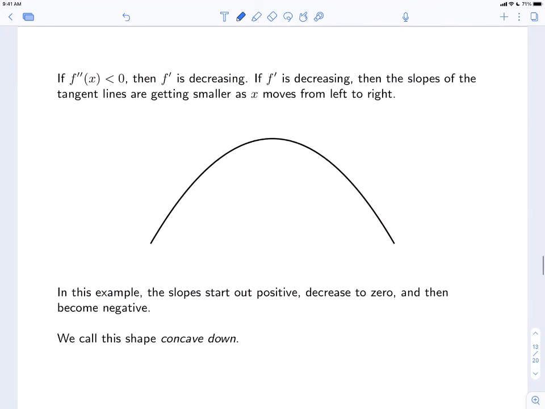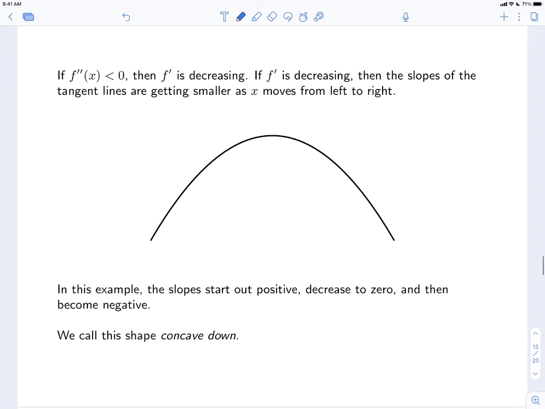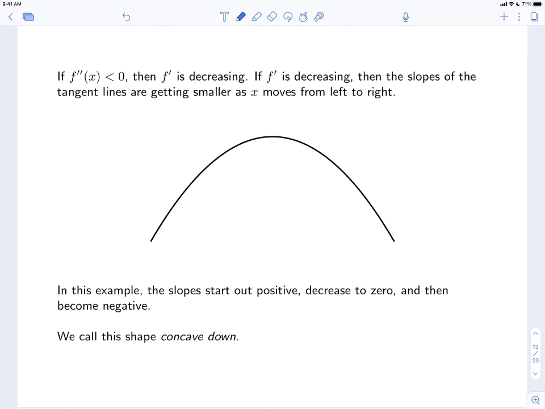If the second derivative is negative, then you have the opposite happening. Now f prime is decreasing. That means the slopes of tangent lines are getting smaller. In the picture that you see, if we start on the left and pick a point and draw a tangent line there, you have a steep tangent line with positive slope. As you move further to the right, the slopes get less steep until finally, at this local maximum, you have a horizontal tangent line.